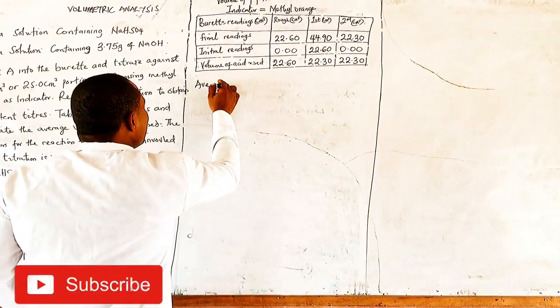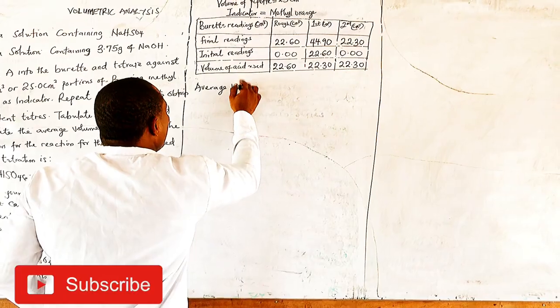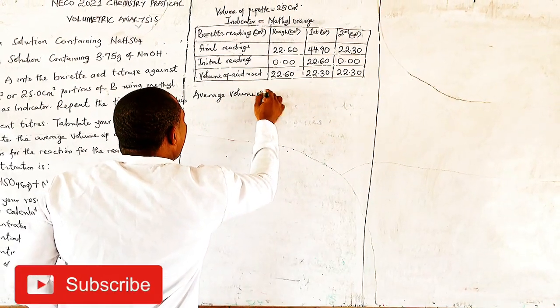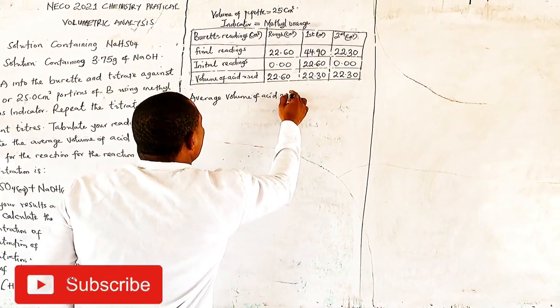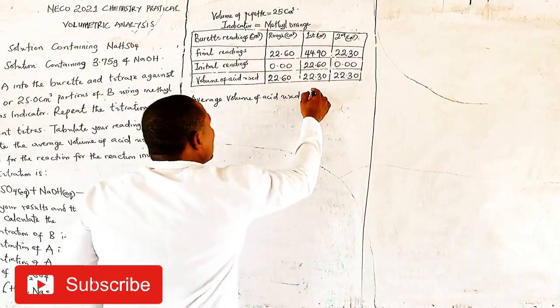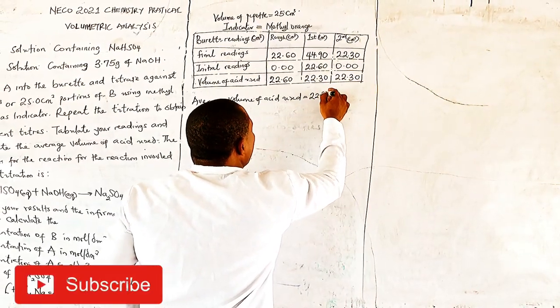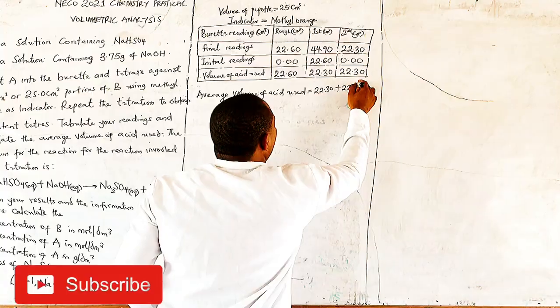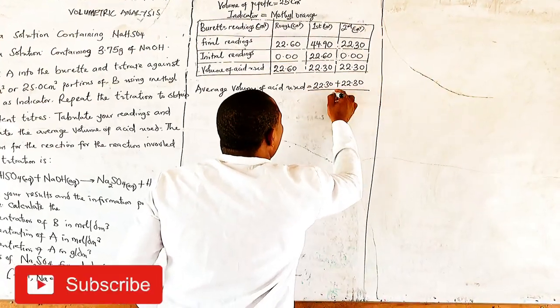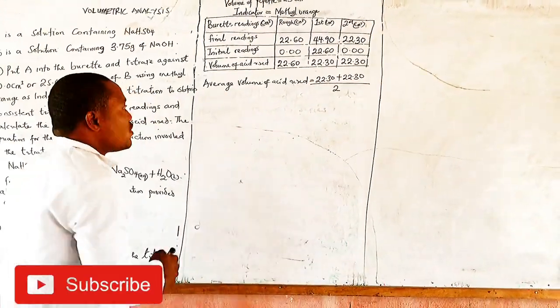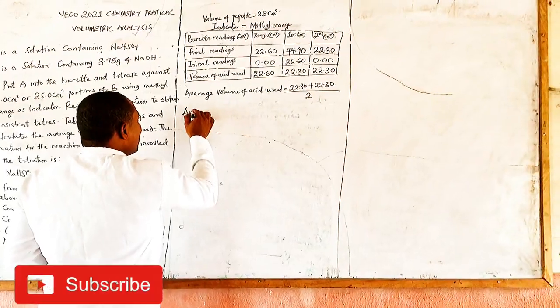Okay, so I want to calculate the average volume of acid used now. So average volume of acid used is equal to 22.30 plus 22.30 divided by what? By 2. Okay, so from there, calculator.